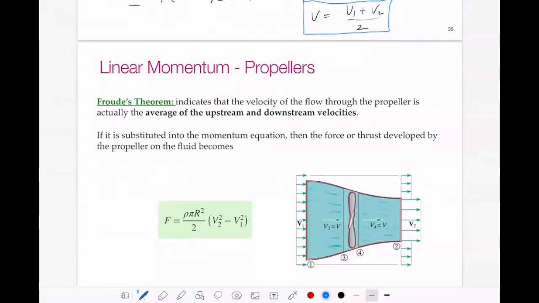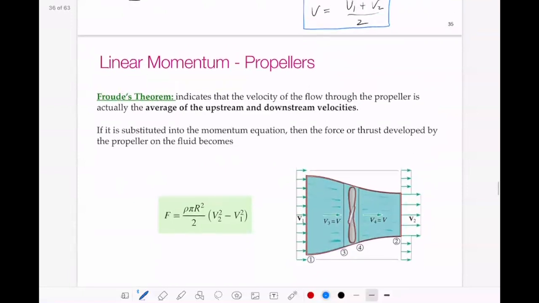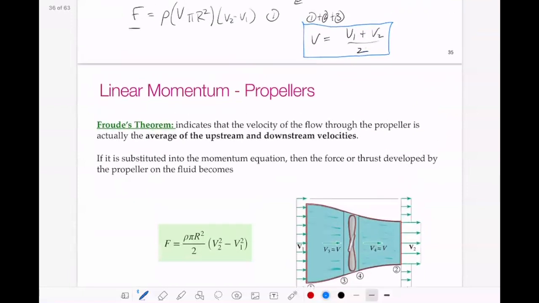So if you know the velocity of the fluid entering the control volume, and you know the velocity being thrust or exhausted out of the control volume, you can calculate the resultant force on that volume of fluid, and that's equal to this equation here. All we've done is substitute this result back into here.